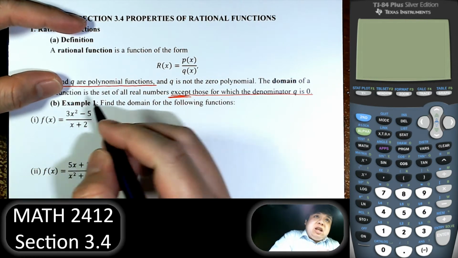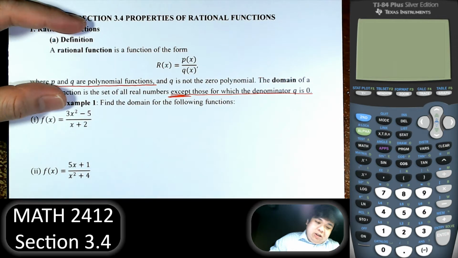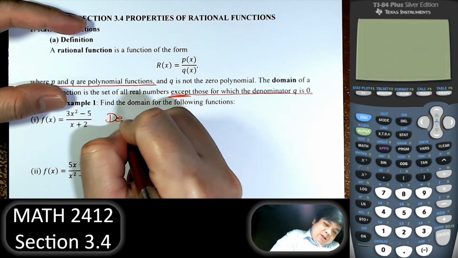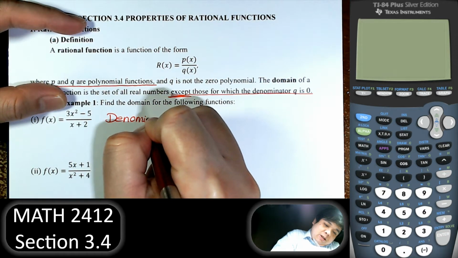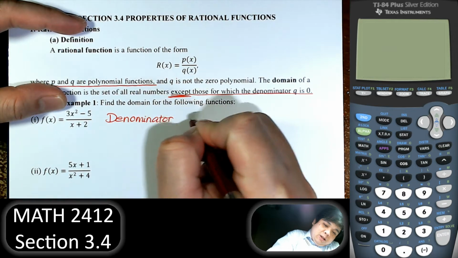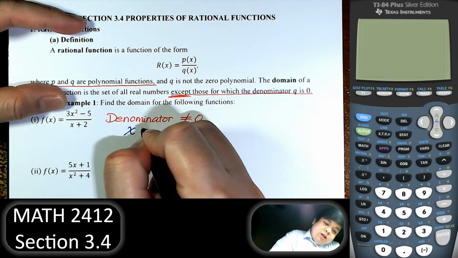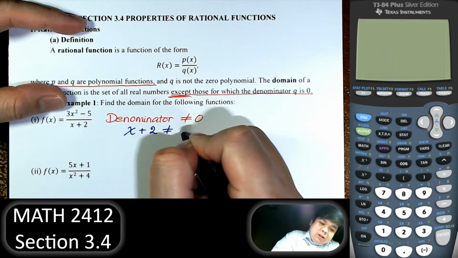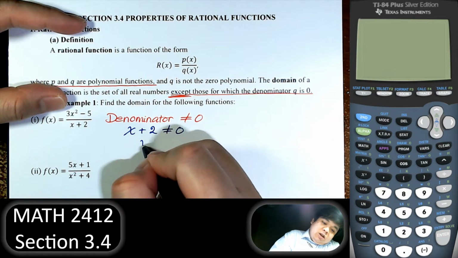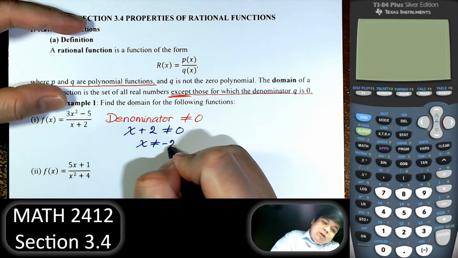Simply, we just let the denominator not equal to 0. So here we have x plus 2 not equal to 0, so x is not equal to negative 2.